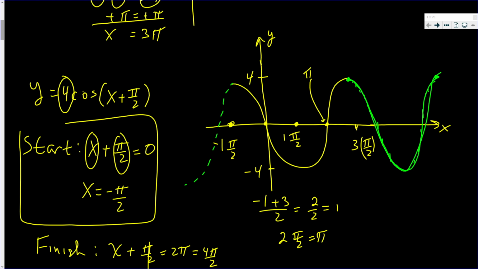Another classmate could have said, there's my period. Of course, they're going to have to label the important values. There's 5 of them: 1, 2, 3, 4, and 5. And there is that graph.